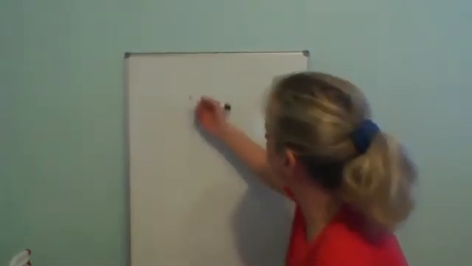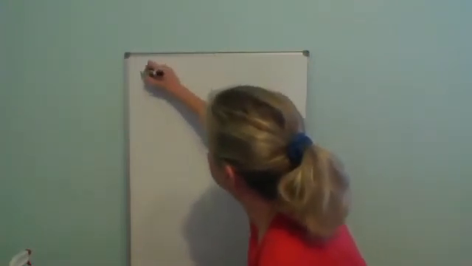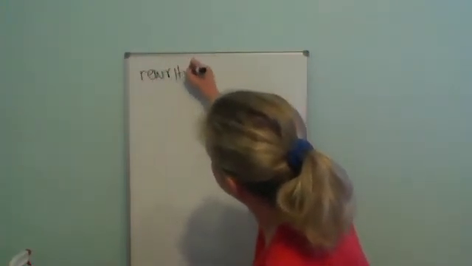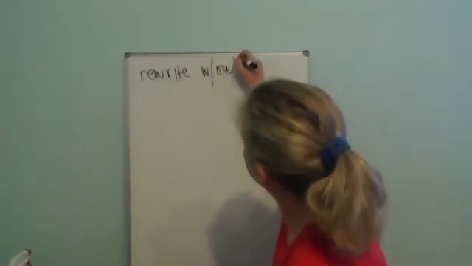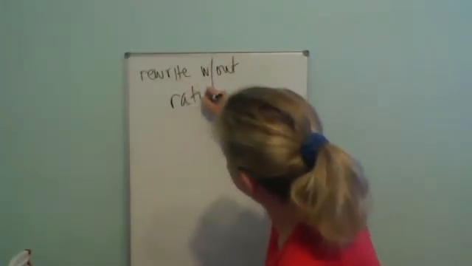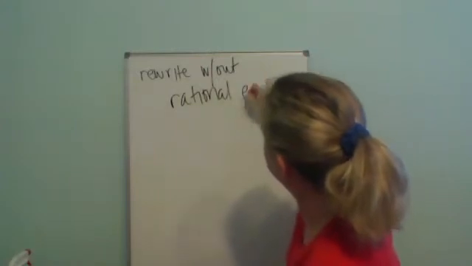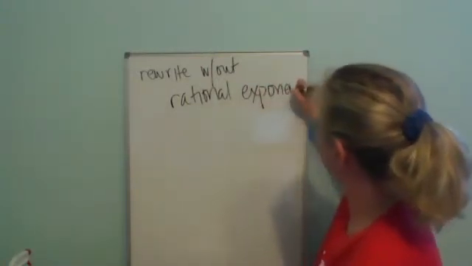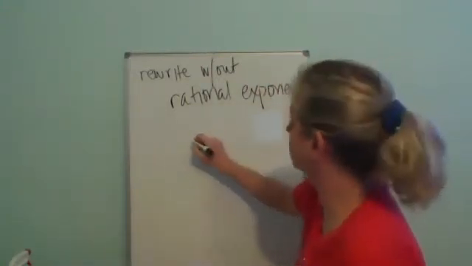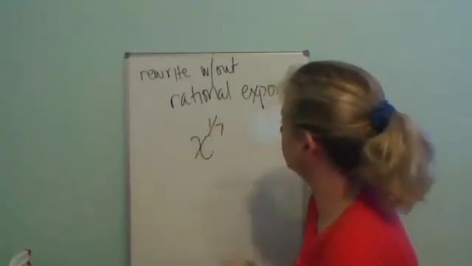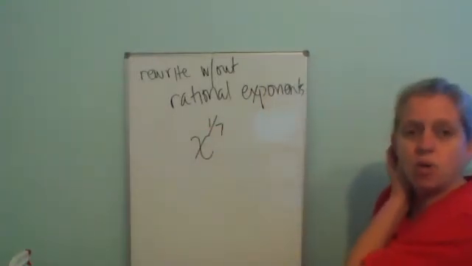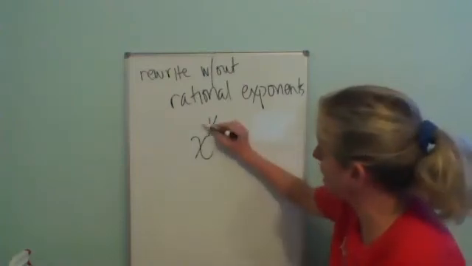All right, number 6 says rewrite without rational exponents. And I have x to the 1/7 power. So this is what a rational exponent looks like.